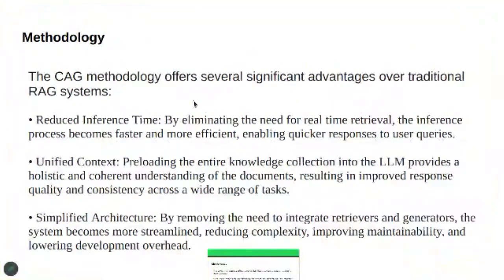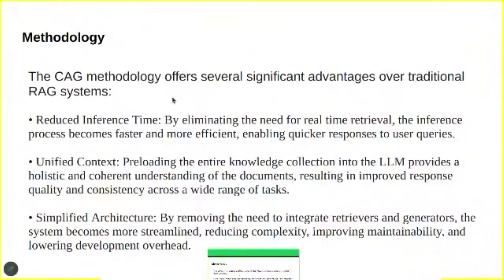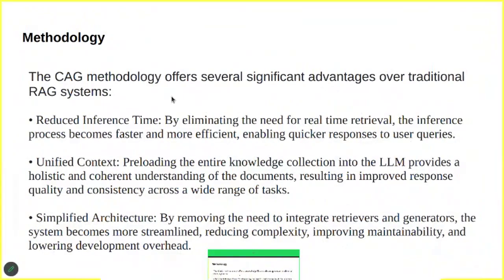One of the shortfalls was inference time. One of the gaps that were filled is reduced inference time, whereby there's reduced time between someone asking a question and getting a response. They eliminated the need for real-time retrieval, so the inference process becomes faster and more efficient, enabling quicker responses to user queries.